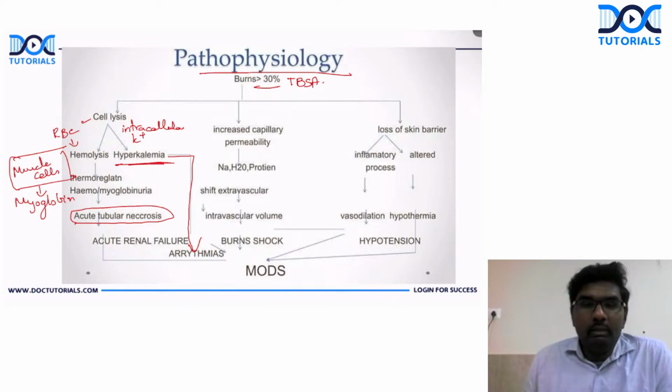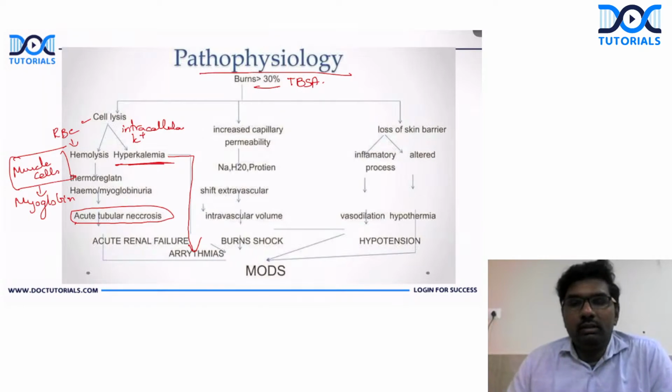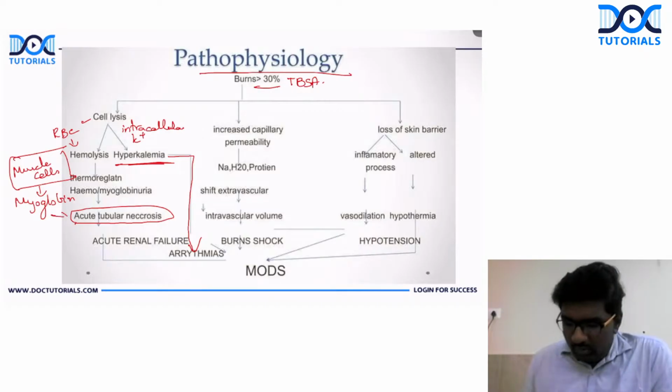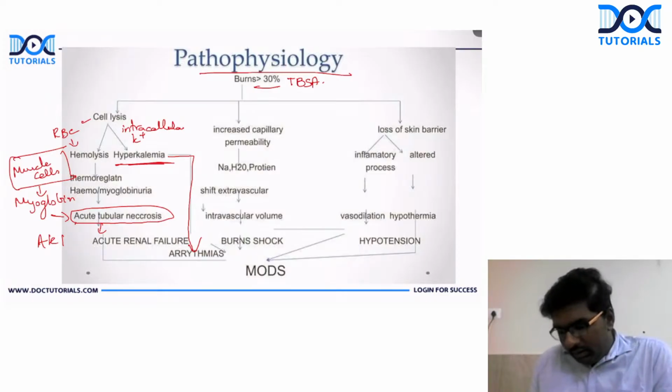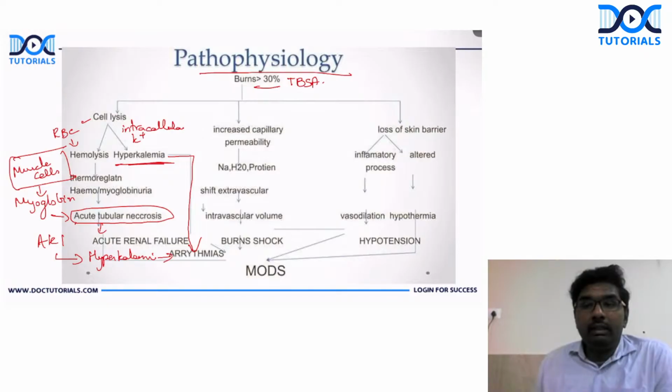Similar to the hemoglobin, this myoglobin can reach the nephrons and can cause acute tubular necrosis. This acute tubular necrosis in turn can cause AKI, that is acute kidney injury. This acute kidney injury in turn can cause hyperkalemia and arrhythmia. Arrhythmia can cause even death.